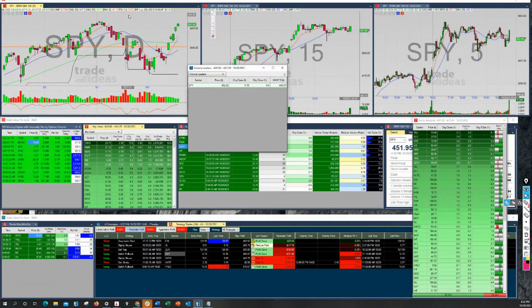And VWAP, where's it up here? It's up here, yeah. So it looks, when I can get it lined up right on the where I want it, 446. It was right a second ago, depending on where I'm moving my cursor. It looks all right to me.